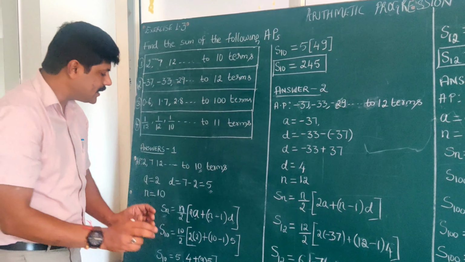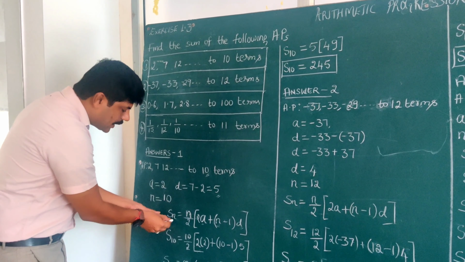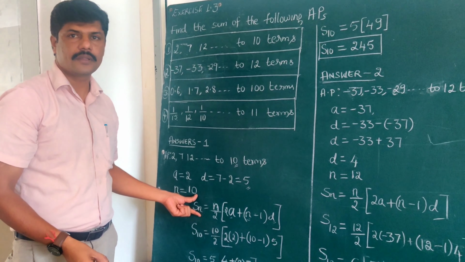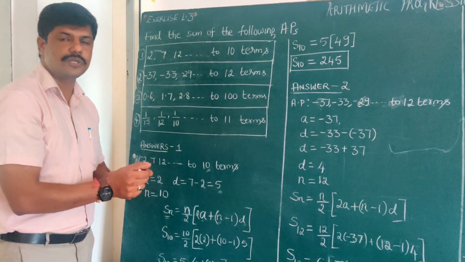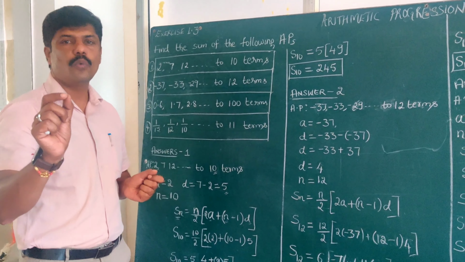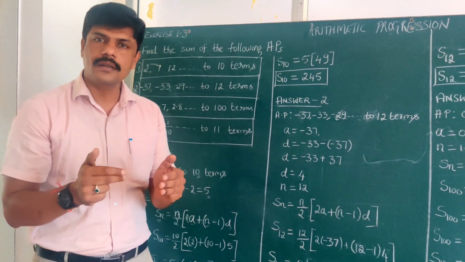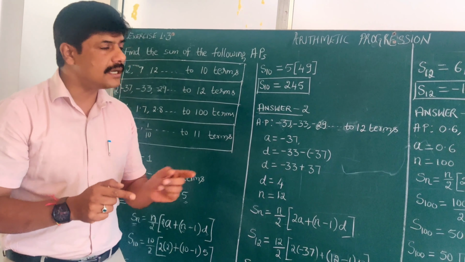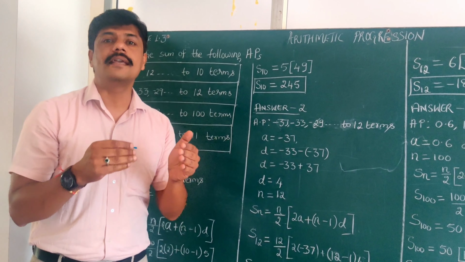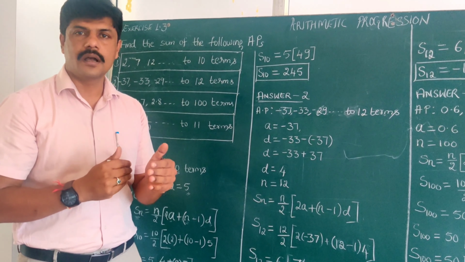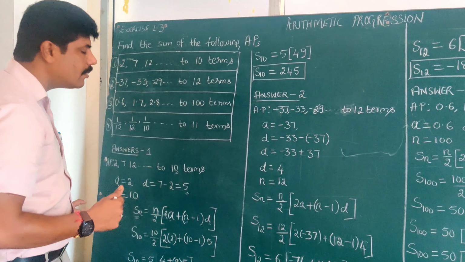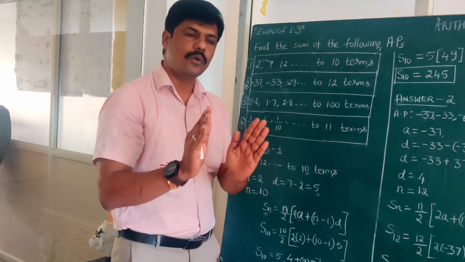So what you need to do is just substitute so that you will get the Sn value. Understand, children? Direct substitution. After substitution, you should be well versed with addition, subtraction, multiplication and in some way to find the LCM also. If you are very good at these aspects of operation, then the problem is very easy.